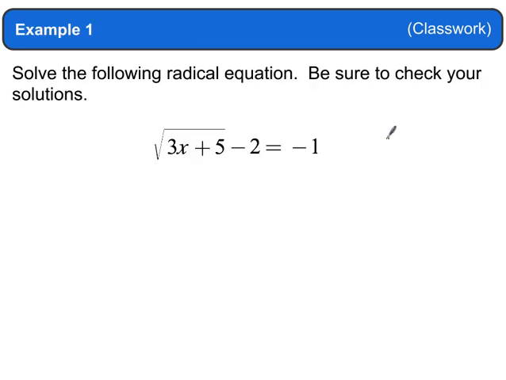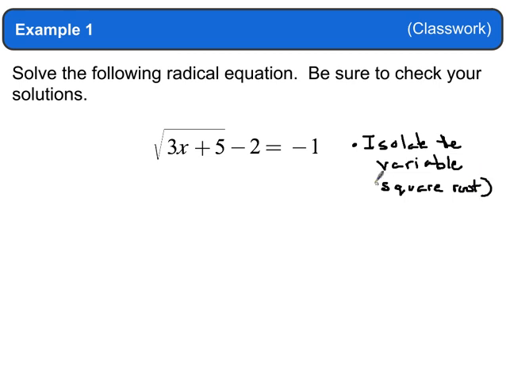So if we look at example number 1, the focus would be to isolate the variable. In other words, we want to get everything alone. When we isolate the variable, the first thing we have to do is isolate the square root if we're going to make this work.